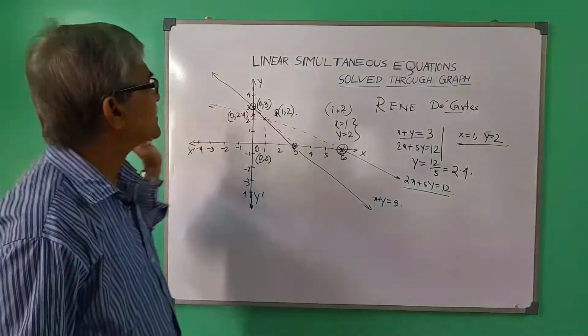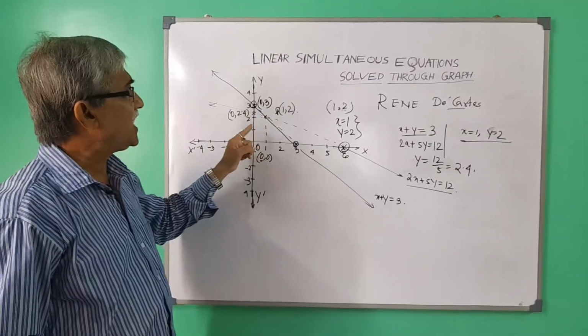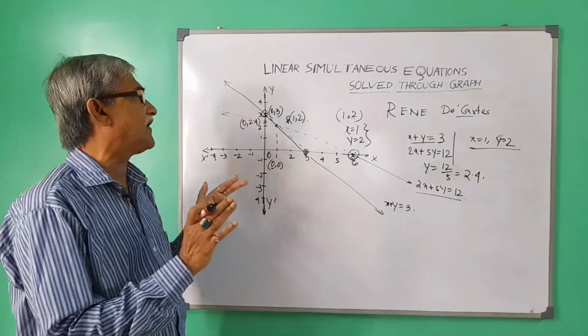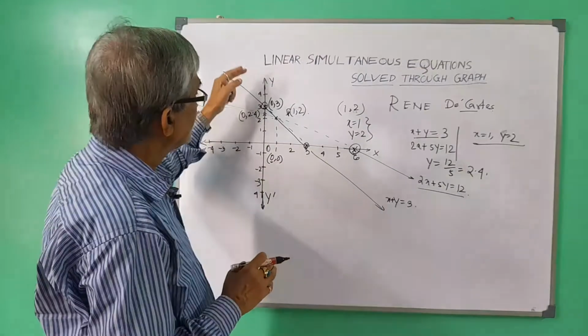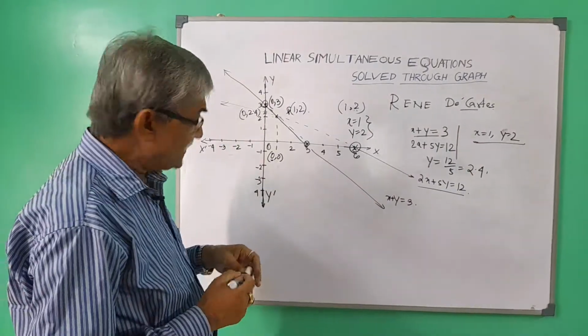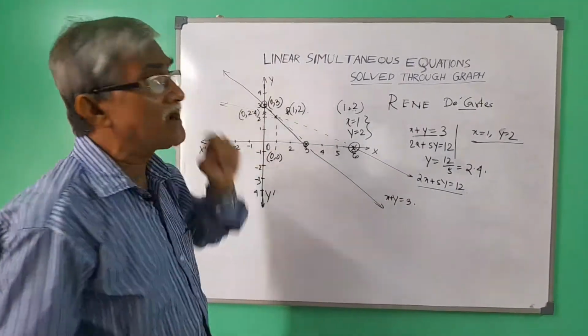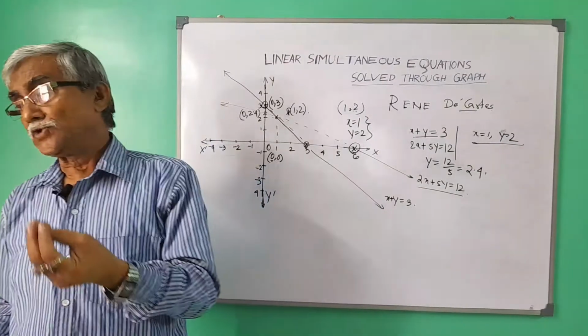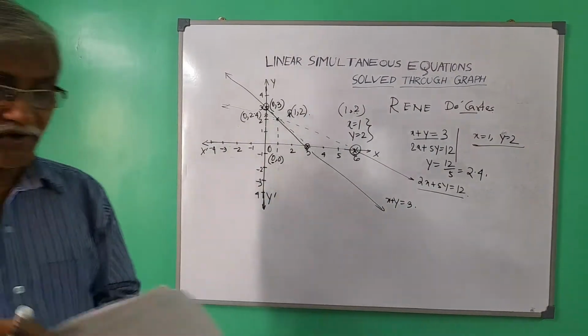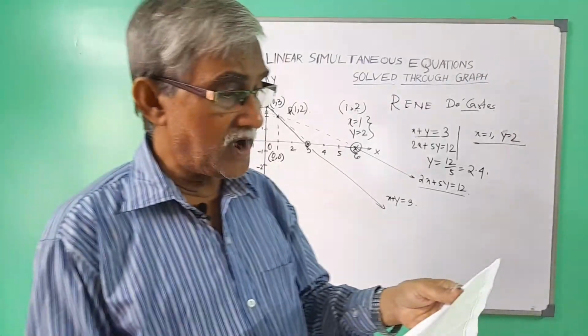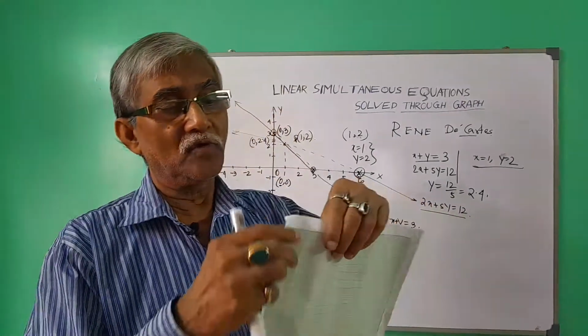It is such an easy method, and it gives a solid idea about solving these equations. Now someone may ask, sir, you have taken the unit to be 2, 3, etc. Now I will request you to purchase a graph paper from the market, which is known as millimeter graph.